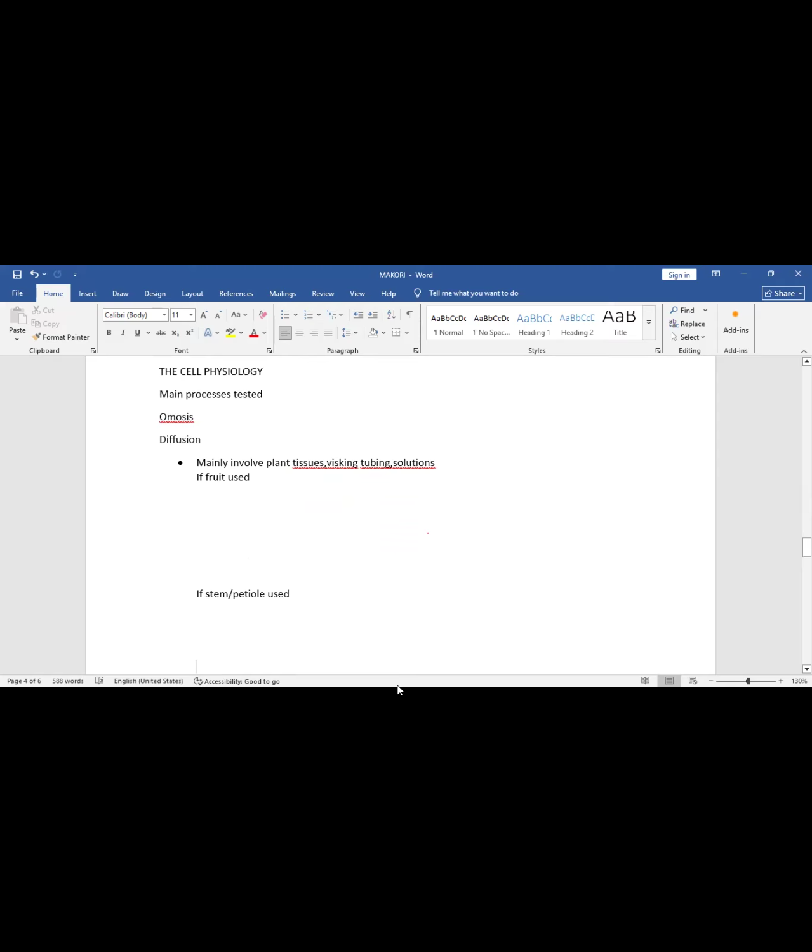We have osmosis, then we have diffusion. The main substances that are normally involved are the plant tissues, the Visking tubing, and solutions, like distilled water and sugar solutions.